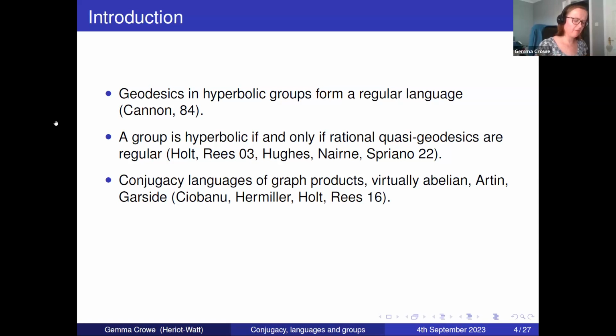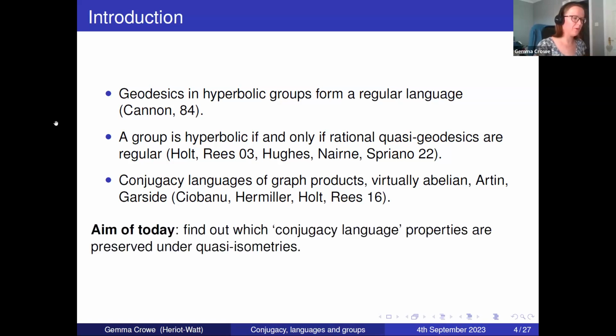So in a very hand-wavy sense, which will hopefully become clearer by the end of the talk, the plan for today is to try and describe which conjugacy language properties, whatever I mean by conjugacy language, but hopefully that will become clear, which of these properties are preserved under quasi-isometries.